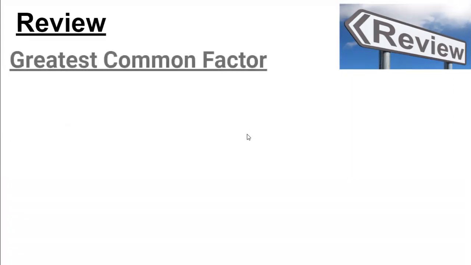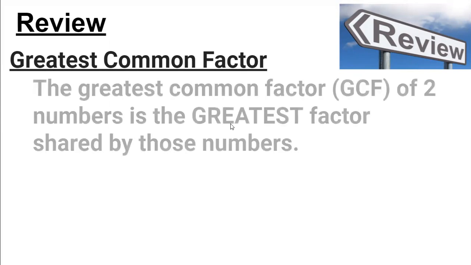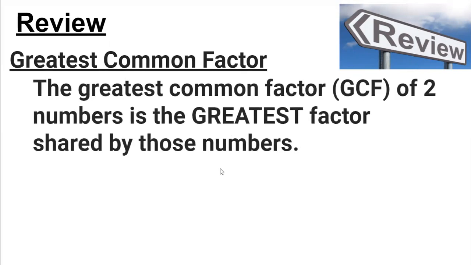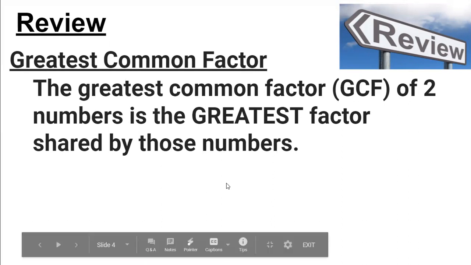Okay, what is the greatest common factor, better known as the GCF? The greatest common factor is the largest number of the common factors of two numbers, the greatest factor shared by those numbers.